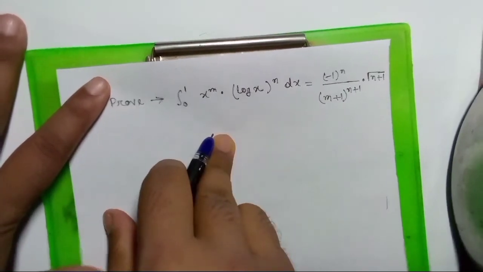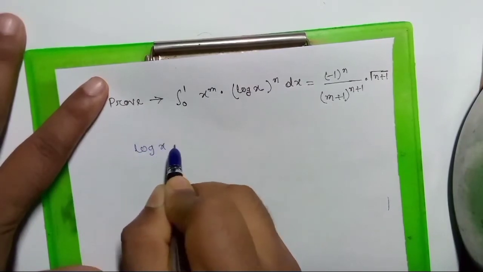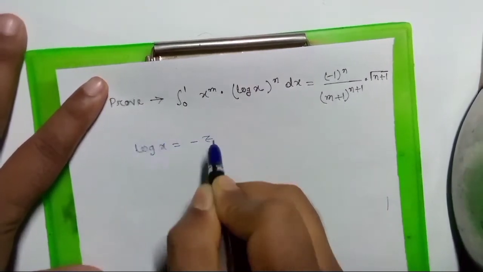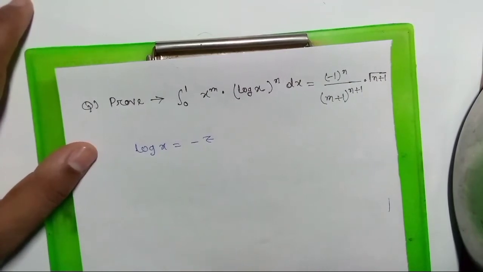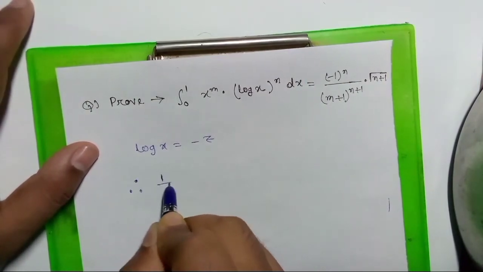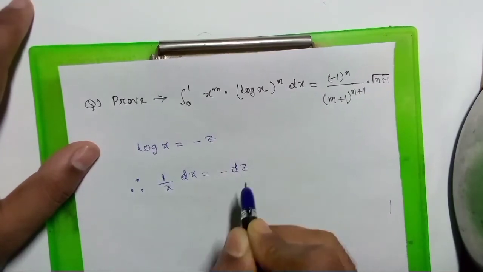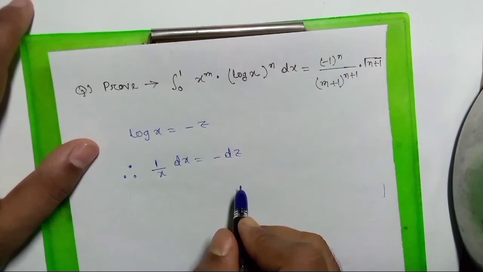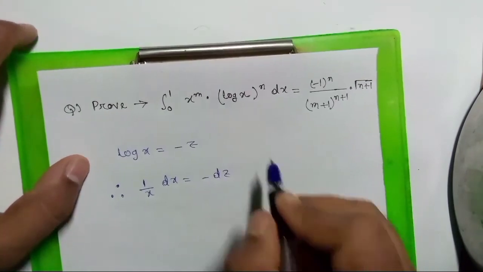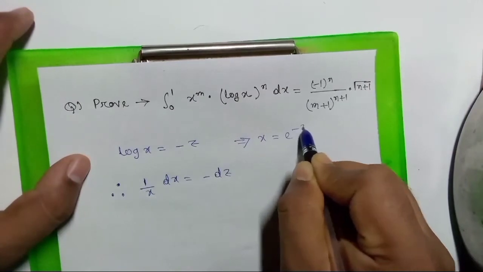To prove this, we consider log x is equals to minus z. Therefore, if we differentiate it, we get 1 by x dx is equals to minus dz, and here x will be e to the power minus z.